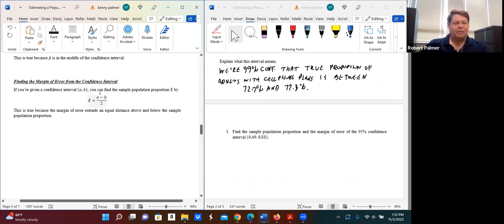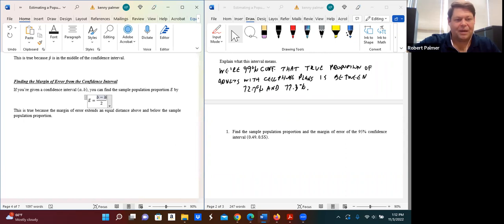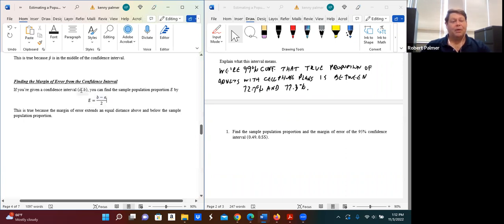Actually, let me change this. It'd be better if that was B minus A over 2, that way we can avoid having a negative, though the absolute value is the same. Once again, this is true because the margin of error extends an equal distance above and below the sample proportion.